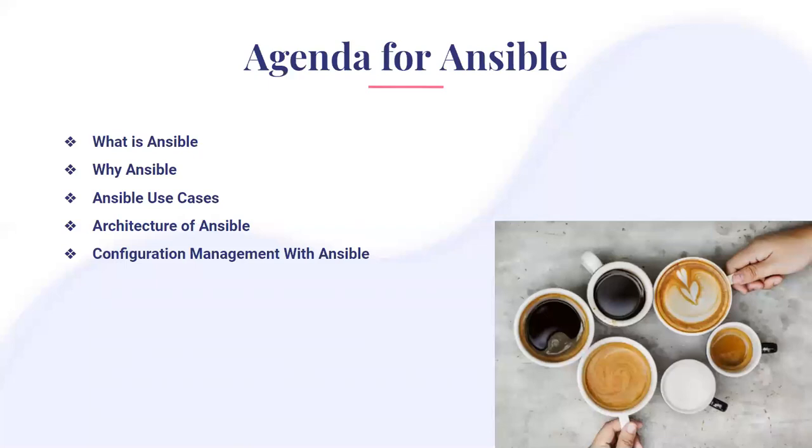We will start with Ansible first. The agenda for Ansible is what Ansible is and why we should use it. We'll look into some use cases, then dive into the architecture, and summarize with the configuration management part of Ansible.